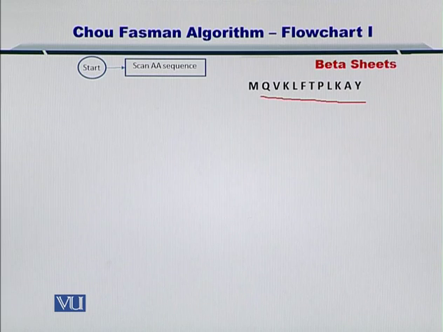By scanning the amino acid sequence, I mean that you have to start from the left side and go towards the end of the sequence like that.